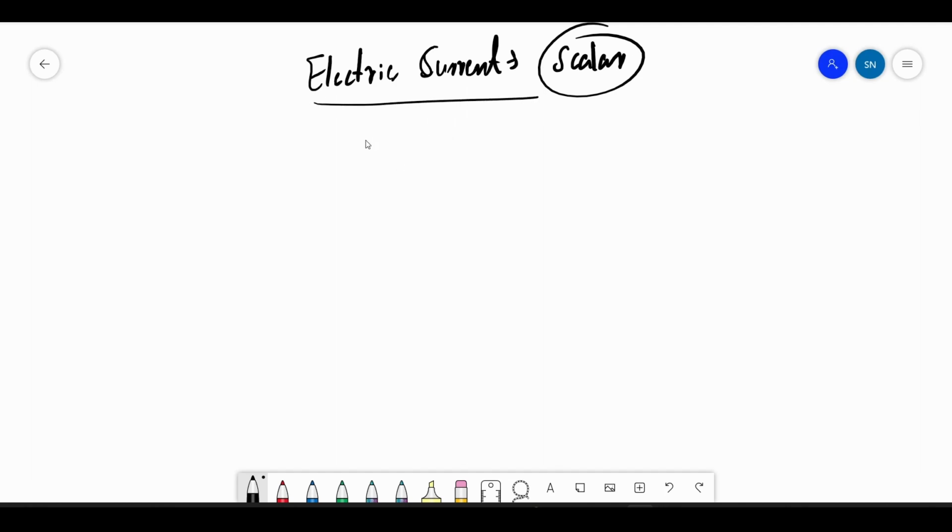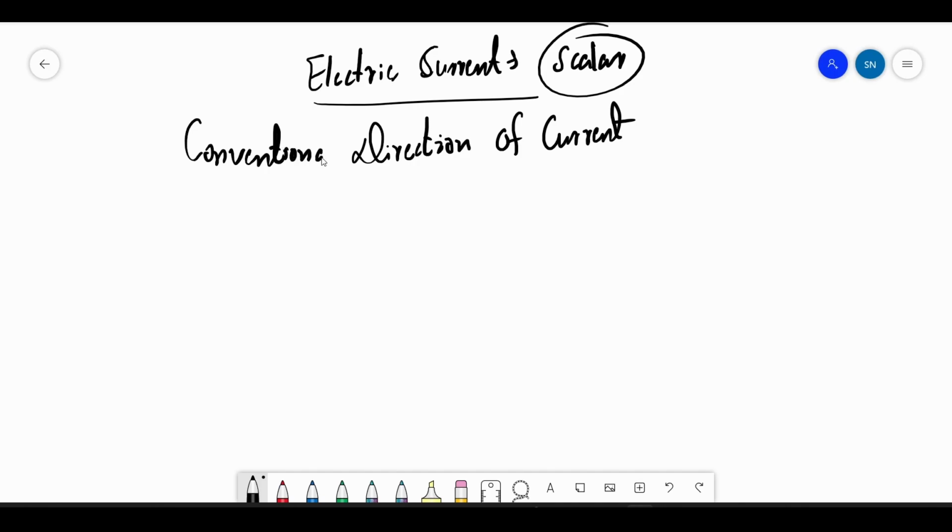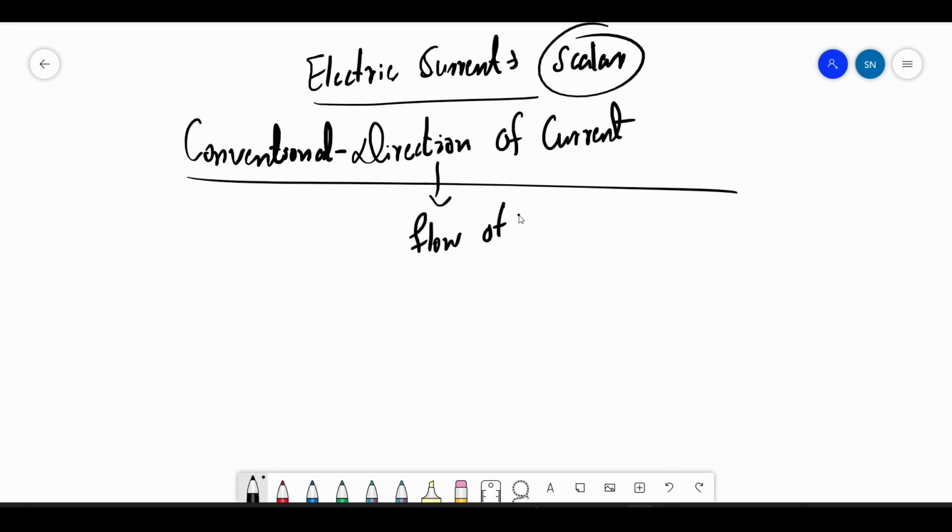But you'll find in your book there would be a topic called the conventional direction of current. Now, we definitely assign a direction to the flow of current. That doesn't mean that it's a vector quantity. So what do I actually mean?